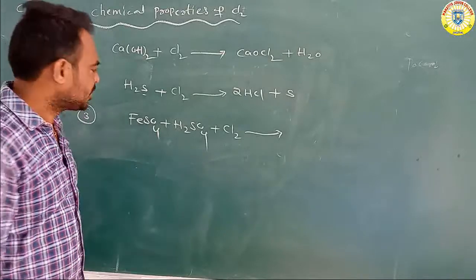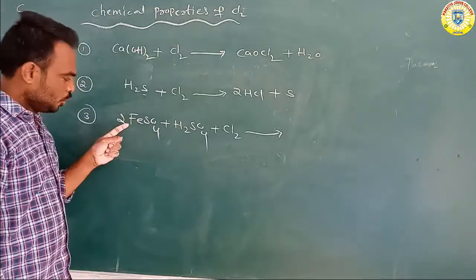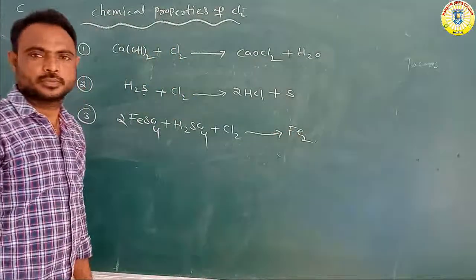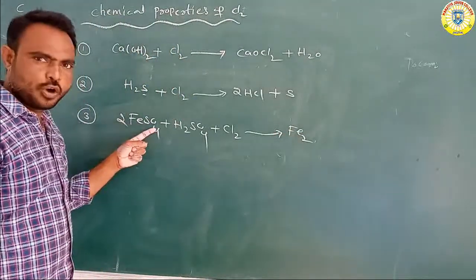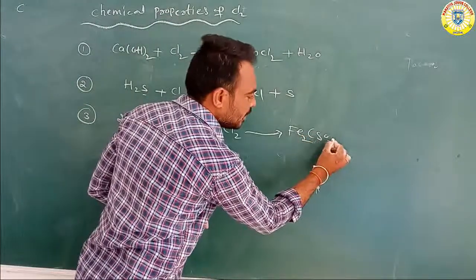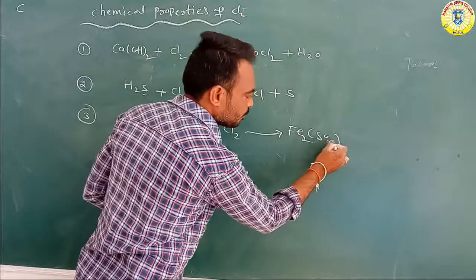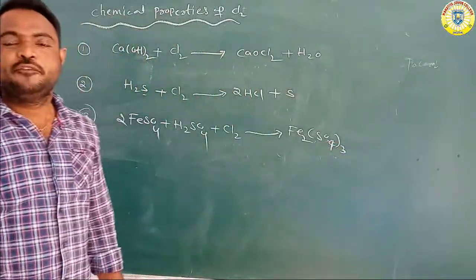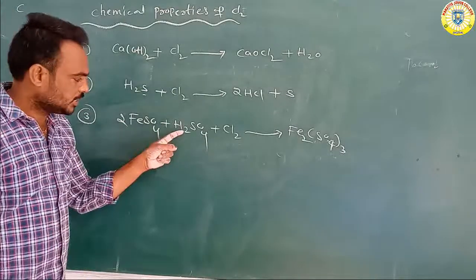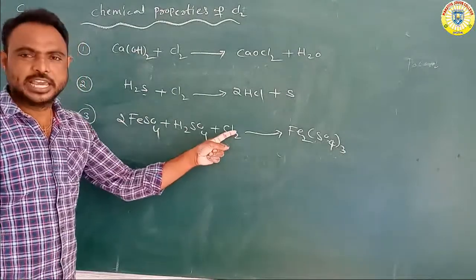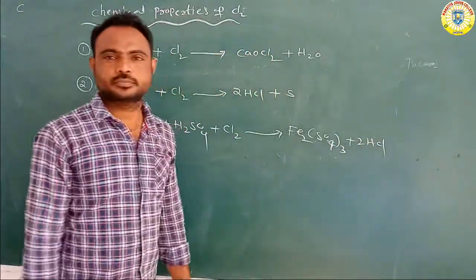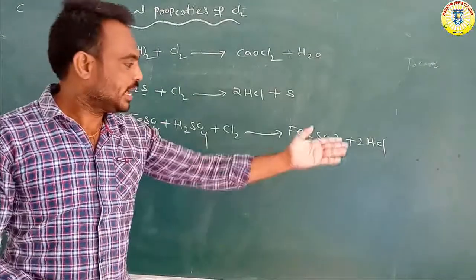To form, in this reaction, listen, Fe2, we write Fe2, and SO4 taken thrice. Next H2 and Cl2 to form 2HCl, hydrochloric acid.